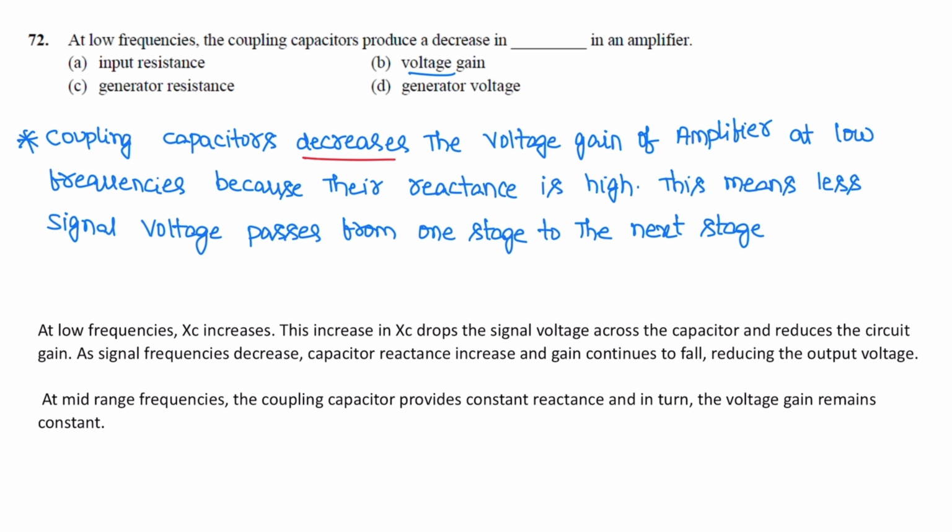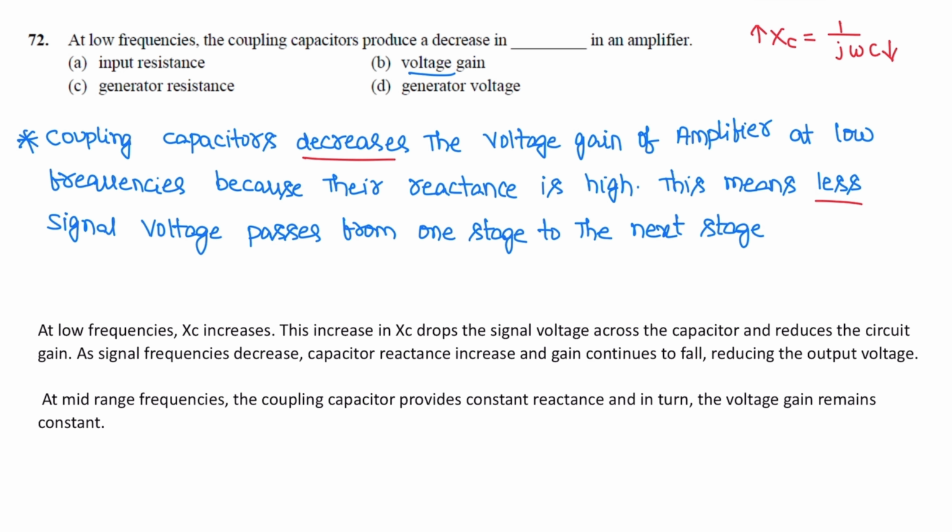The reactance of a capacitor is XC equals 1 by j omega C. If the coupling capacitance is small, the reactance is high. This means more signal is lost and less signal voltage passes from one stage to the next stage.